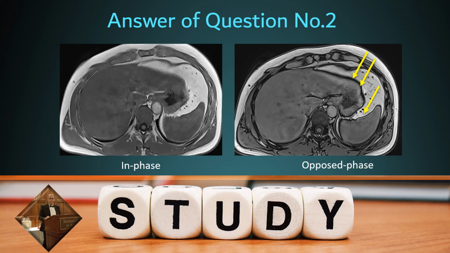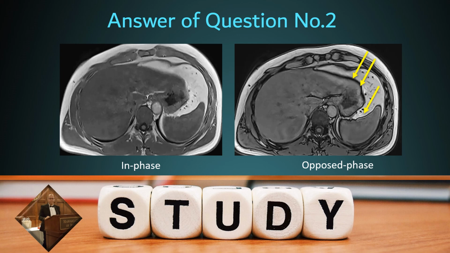These images are examples of the two main components of the chemical shift sequence, the in-phase and out-of-phase sequences. On the opposed phase, we can notice a dark line outlining the abdominal organs, like black ink, and it's called India ink artifact, demonstrated by the yellow arrows.